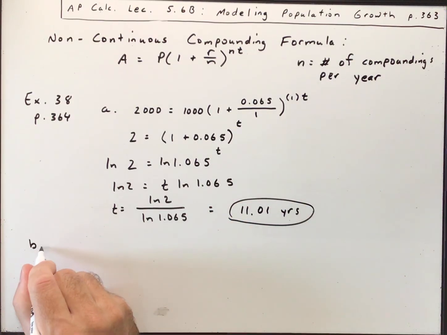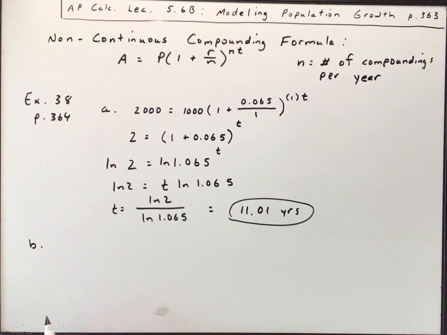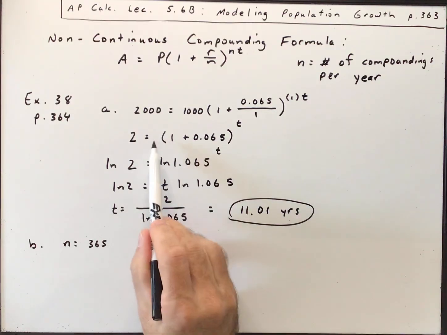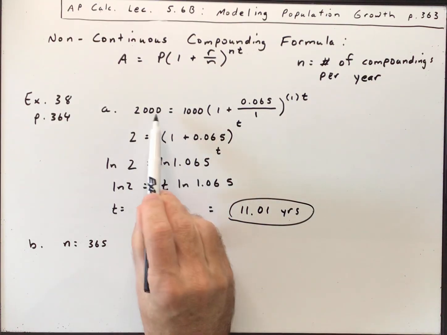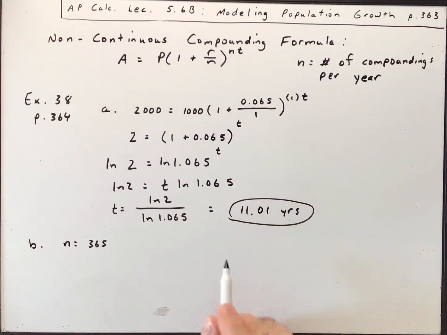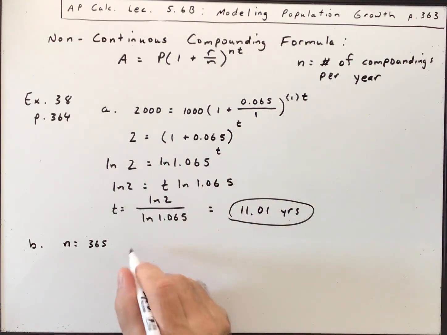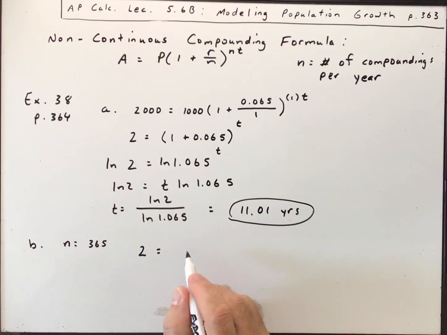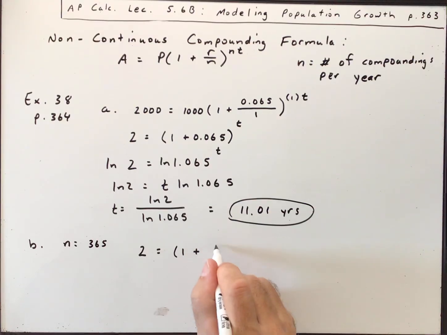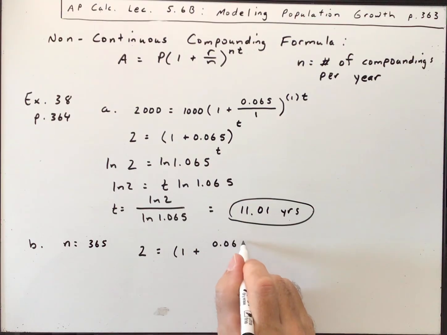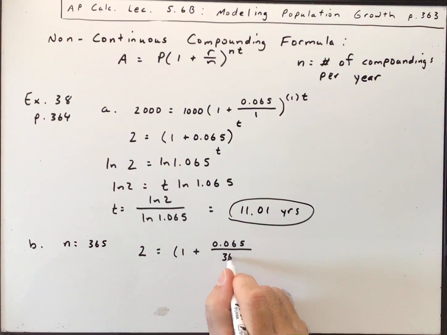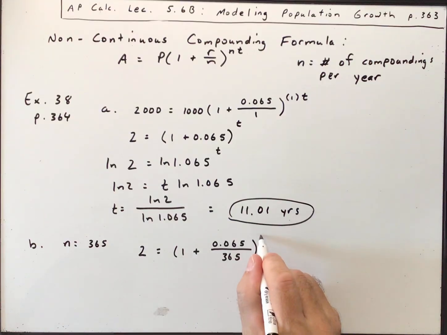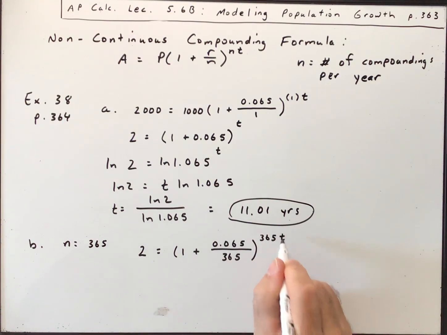Let's do it with n equals 365. I'm going to skip a little bit of the work and go straight to this part right here, because we're going to have the same numbers. 2,000 equals 1,000 times, so I would have 2, the amount doubled, is equal to (1 plus 0.065 over 365), because we're compounding daily, to the 365t, that's n times t.